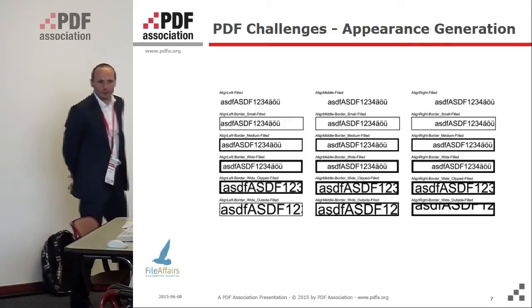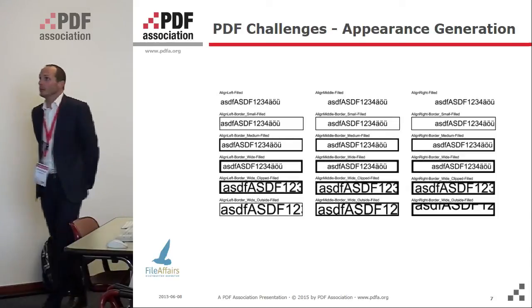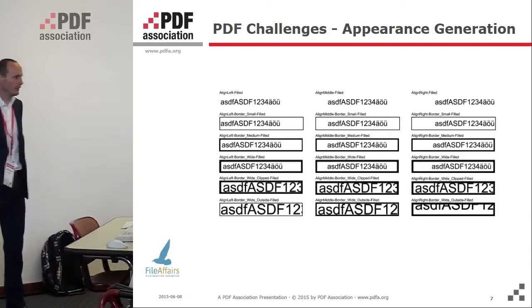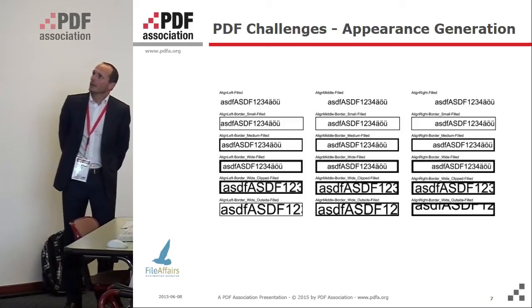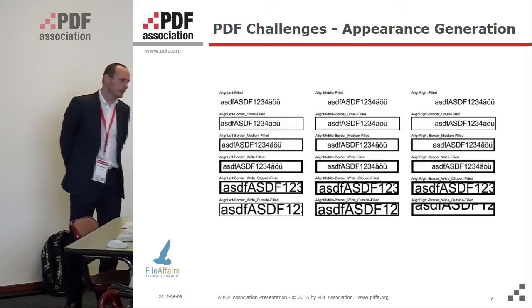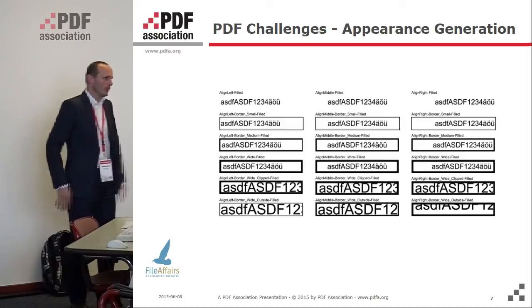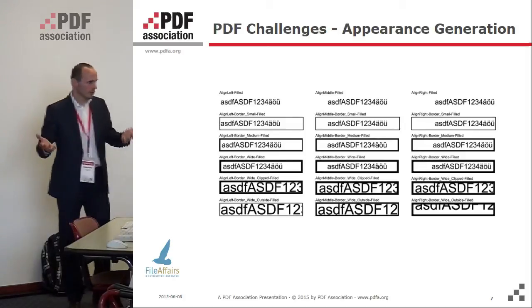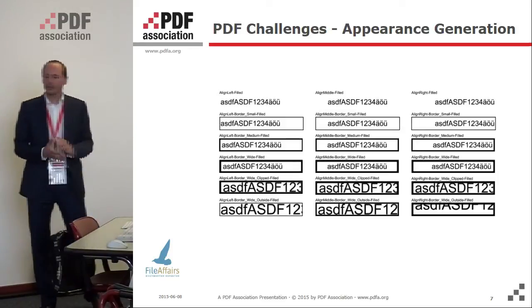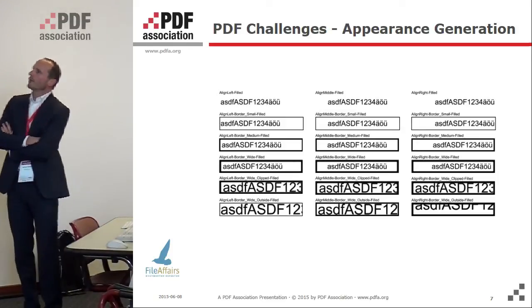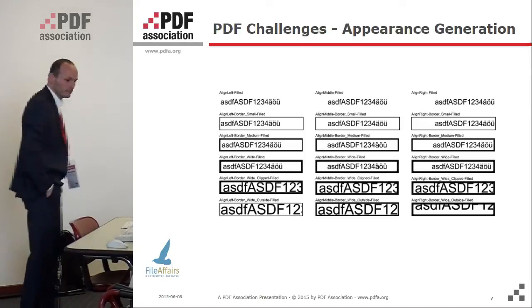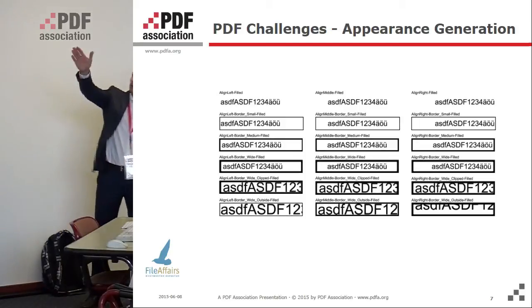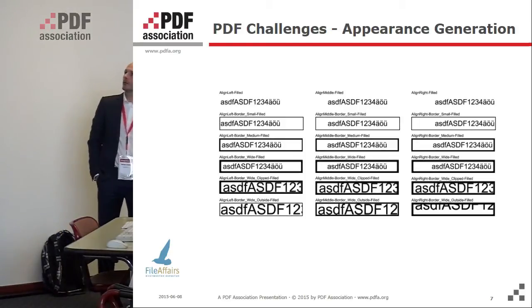Okay, so a little more specific into challenges implementing some of the PDF capabilities. One topic I picked is the appearance generation for forms, and the same is true for appearance generation for annotations, etc. So the sample I have here is a form field with different alignments, text, and different borders.